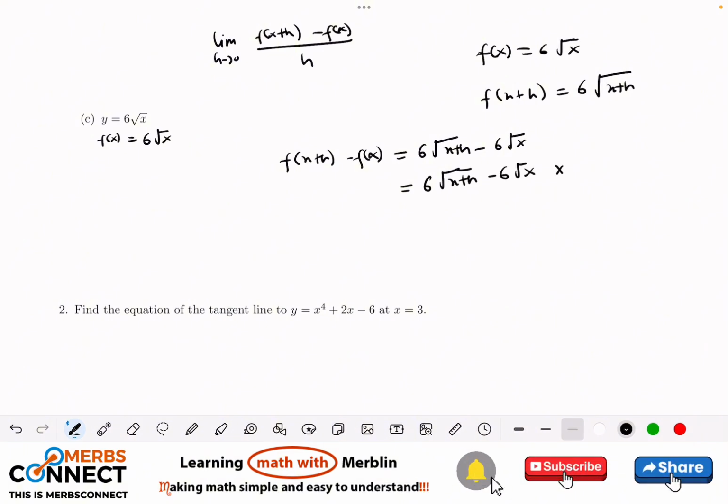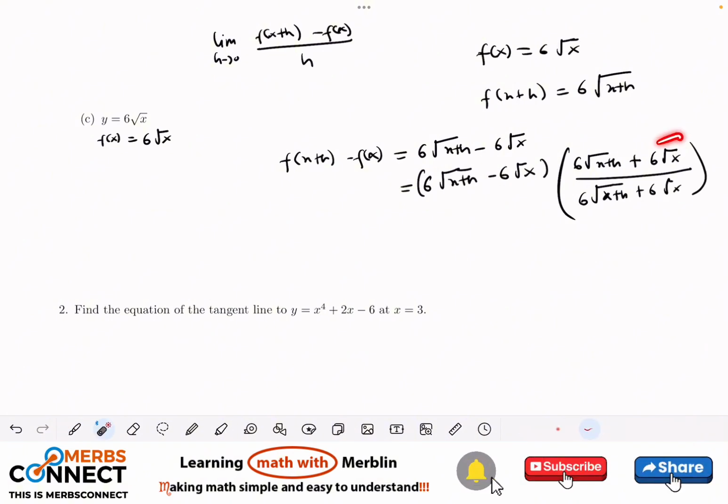I want to multiply this one by 1, but changing the sign here to positive. So I'm going to multiply this one by 6 root of x plus h plus 6 root of x divided by 6 root of x plus h plus 6 root of x.